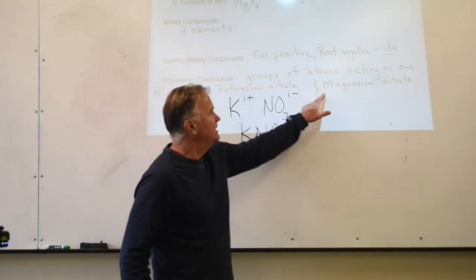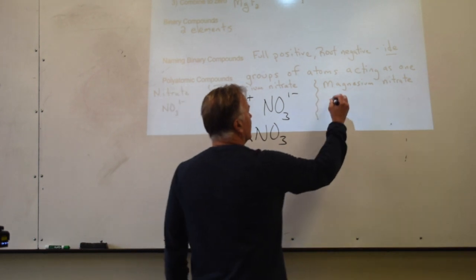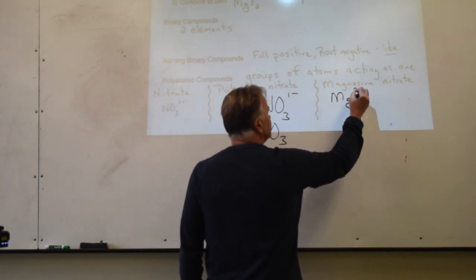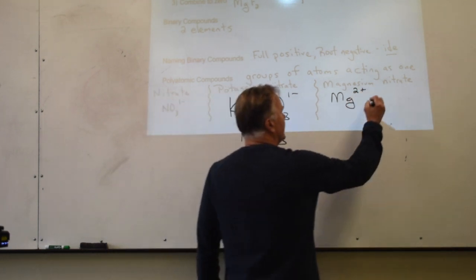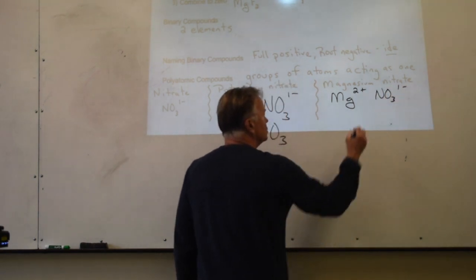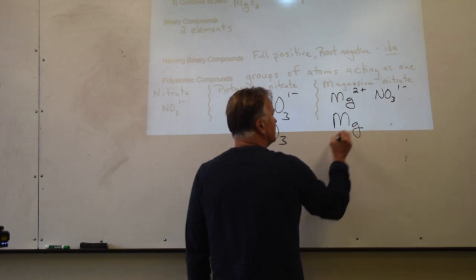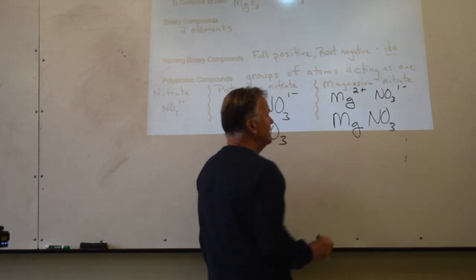And here, magnesium nitrate. This throws a little wrinkle into things you have to be aware of. You look up magnesium. It's Mg, a 2+, in group 2. Nitrate is, of course, a 1-. When you combine them, always put the positive first, then the nitrate.